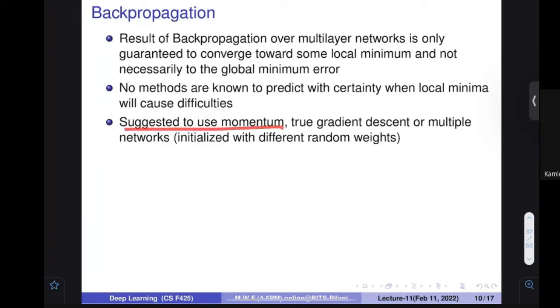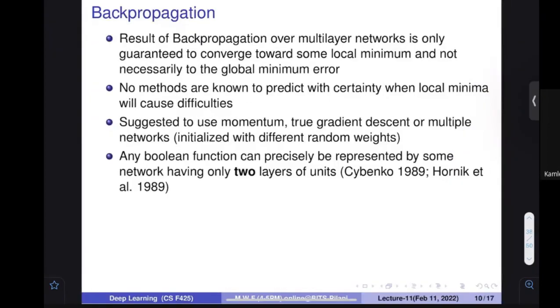As we have talked about, you can use momentum, multiple networks, etc. Means you apply some other network to find the initial starting weights, then you can use them to find better weights. However, we would come back to this once again, that there are some other specialized methods that can help with all these things at a later point of time, but initially in the general setting these are not available.